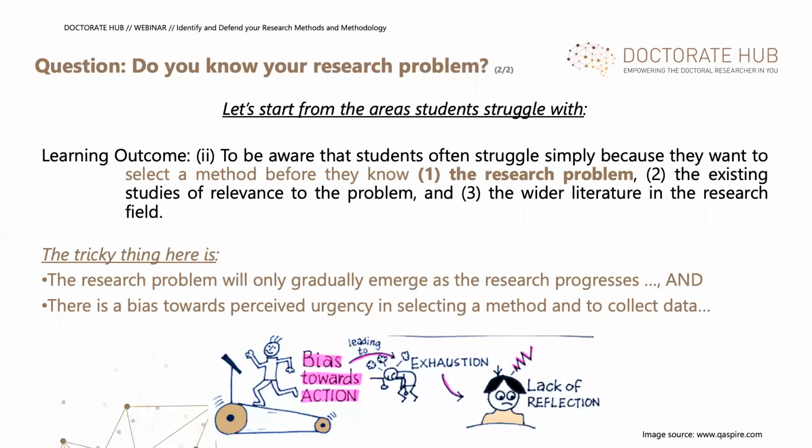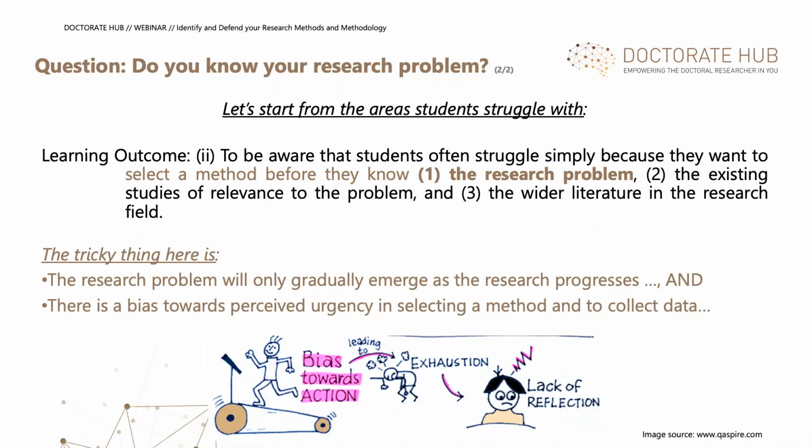And I think that is something that often is bothering to students because there is a bias toward actions. It's not uncommon that students within the first 5 minutes know exactly what methods they will be applying, and they already know the exact questions that they will be asking. And very often a survey instrument is developed within no time because those are the interesting and motivating things.